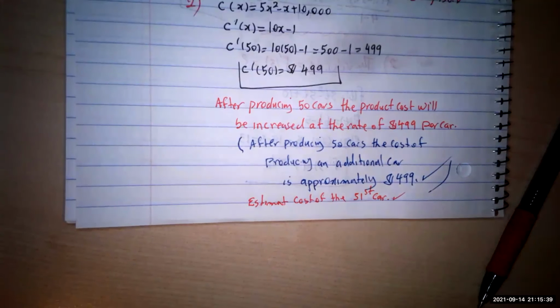So if you want to find the exact cost, not the estimate, will you put 51 for x in the formula? No. What is C of 51? What's the meaning of C of 51? The cost to produce 51 cars. The total cost. Excellent. So what is C of 50?